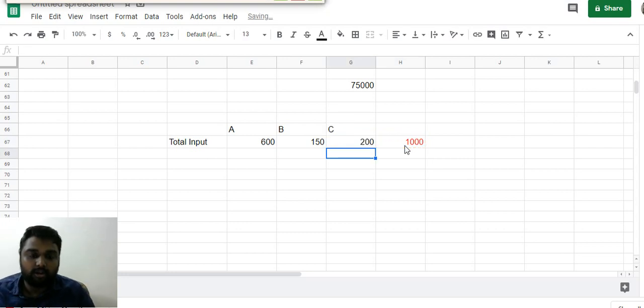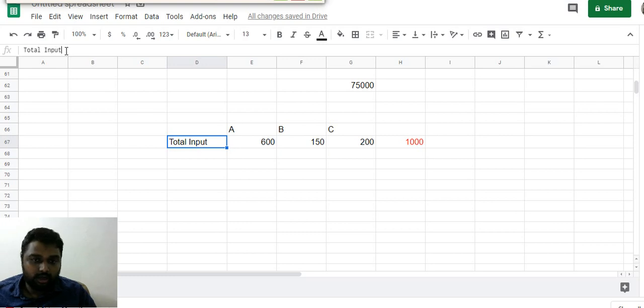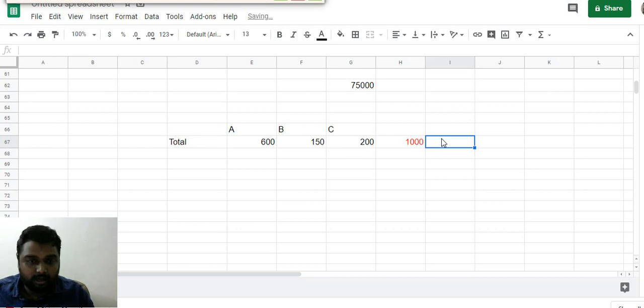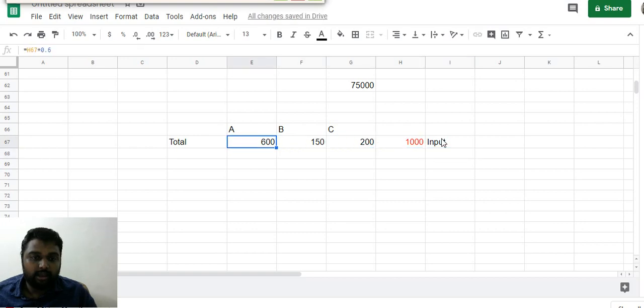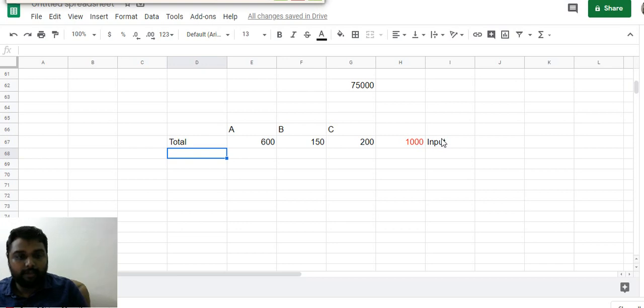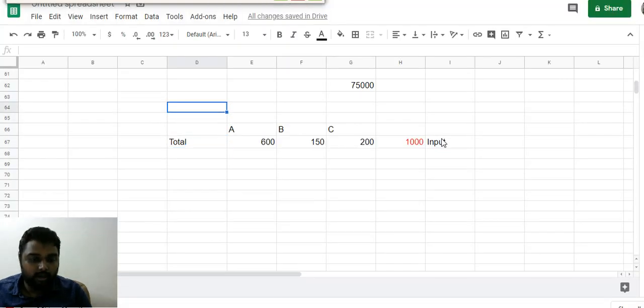So 5% is wastage. We want to know the finished output only, so A, B, C. Our input is 1000. We got A 600, B 150, C 200. I am doing the working note now.